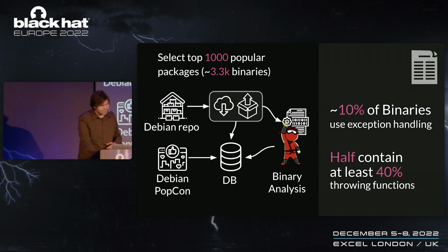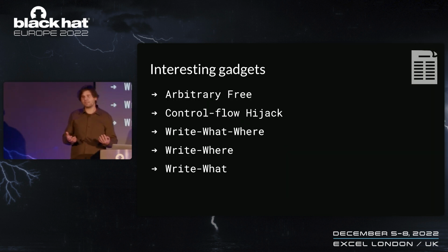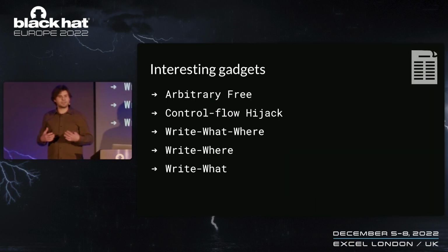Now, if you noticed our previous 4 techniques that we presented, they all use more or less some primitive, some code gadget that gives the attacker further capabilities to exploit the program. So we analyzed all these binaries to look for popular code gadgets.